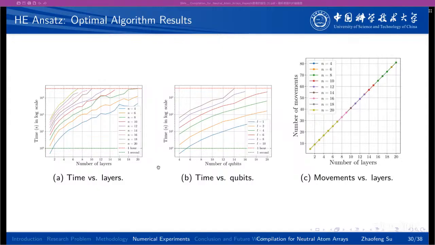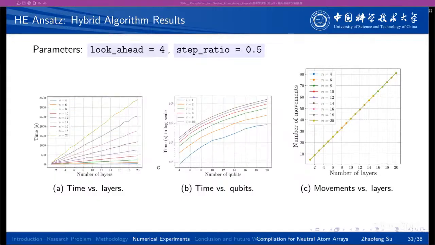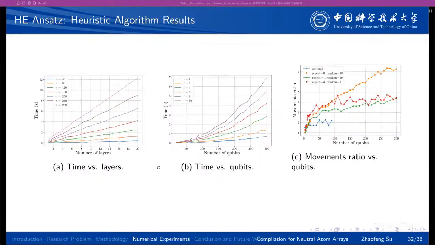So we have a further design. Practically, you give up some optimality and use a faster heuristic. This is our main result. Even for 300 qubits, the compilation takes just seconds.